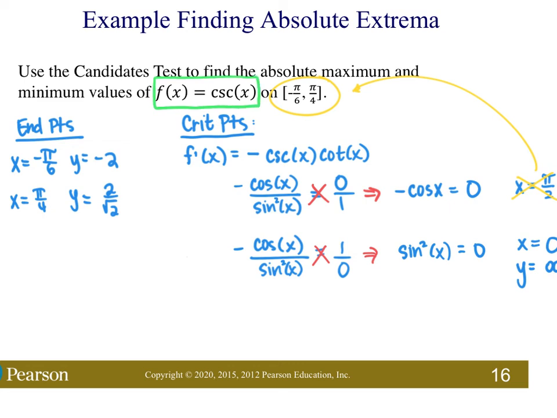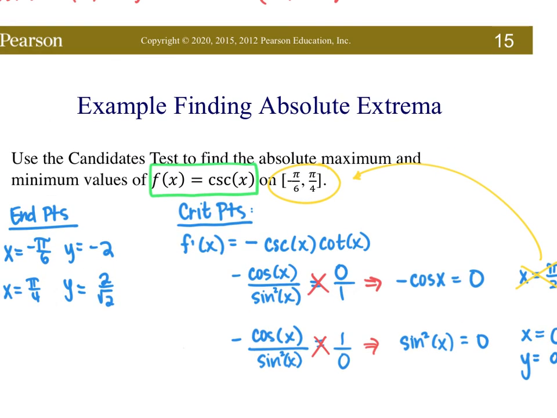The cosecant of x. If you can picture the cosecant of x graph, it has upper parts, it has lower parts, like this, and it has asymptotes that go in between, like this. Cosecant of x is not continuous.